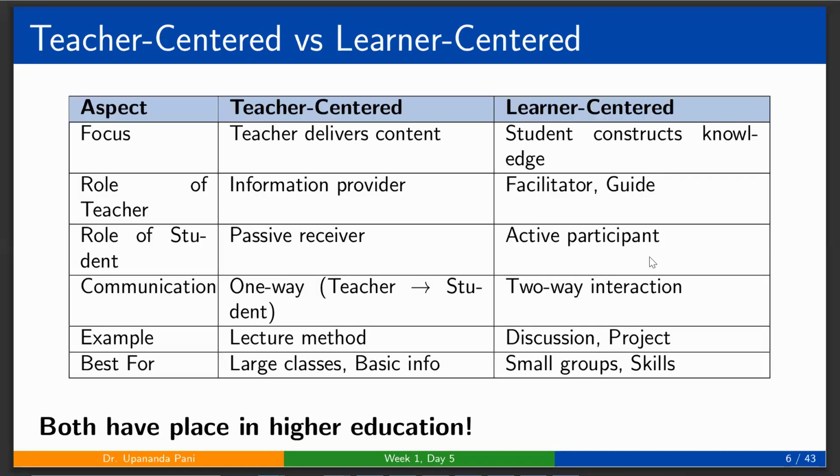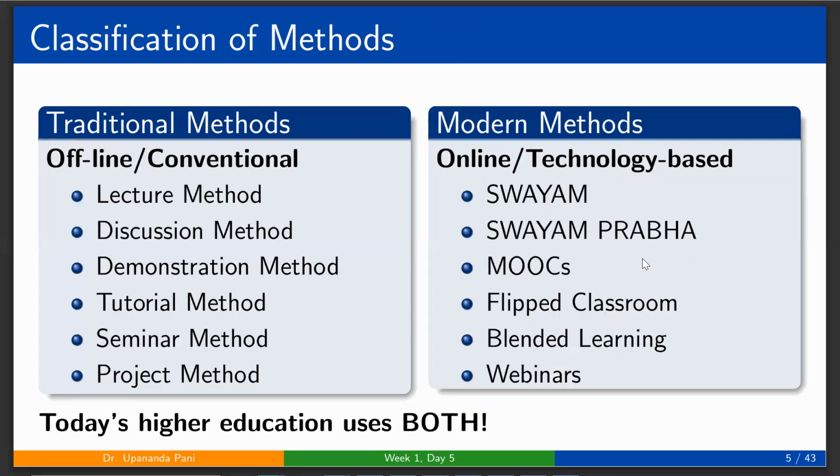Now, what are the different classifications of methods? Traditional methods involve offline or conventional teaching, and include the lecture method, discussion method, demonstration method, tutorial method, seminar method, and project method.